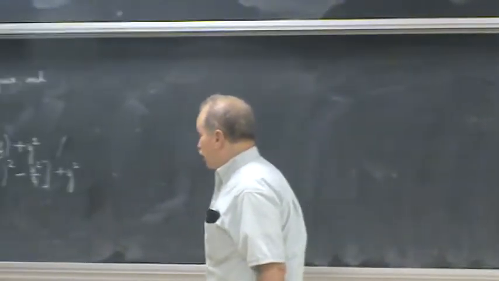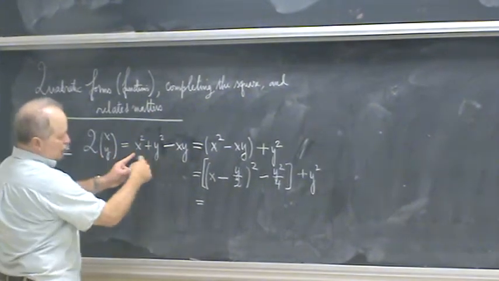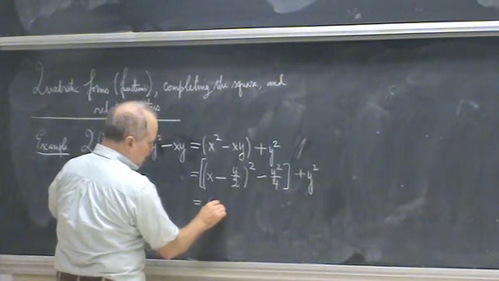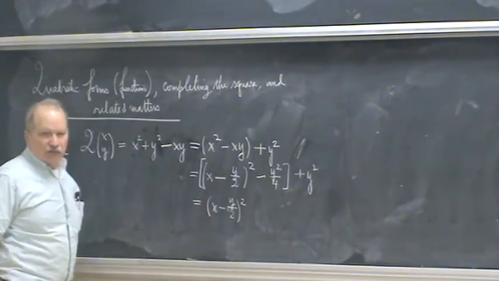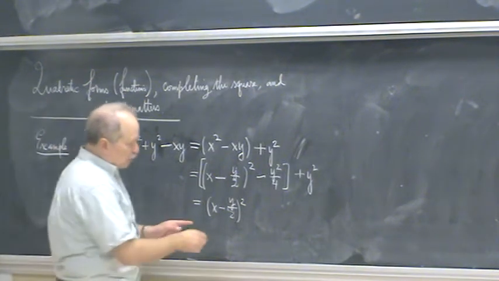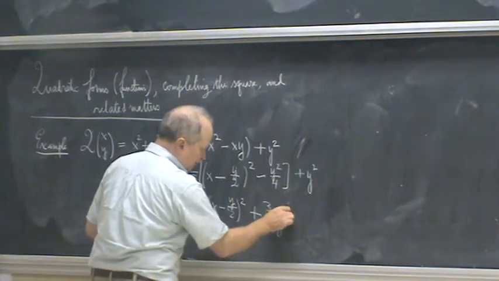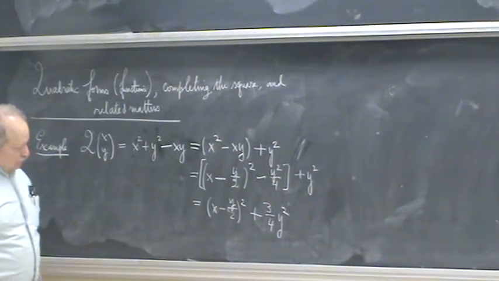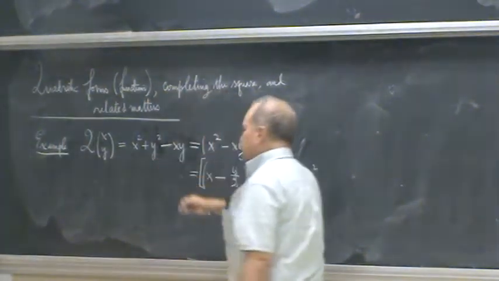That's completing the square. And so what have I got now? I've got that this original quadratic function is a square of this linear polynomial, and then what's left over? 3/4 of y squared. Now can you tell me what the graph of this surface looks like?